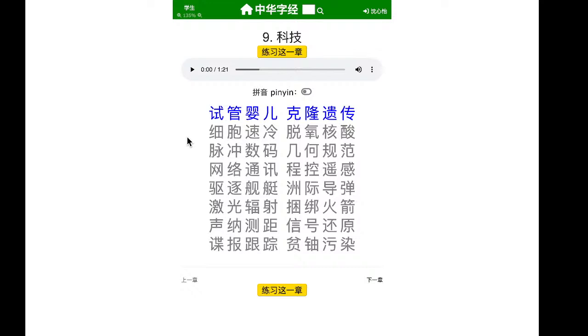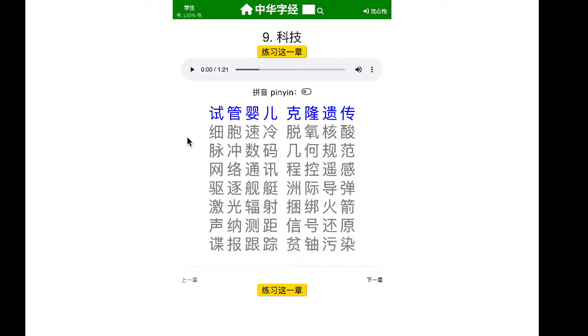Not through the natural way of contracepting and then growing in the womb and making a baby. So this talks about that process.